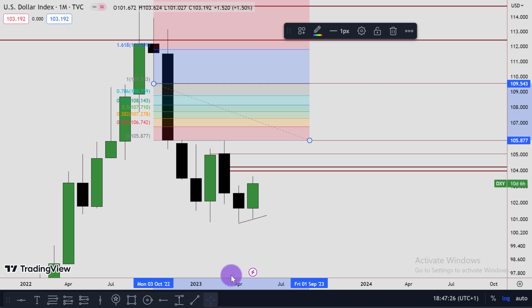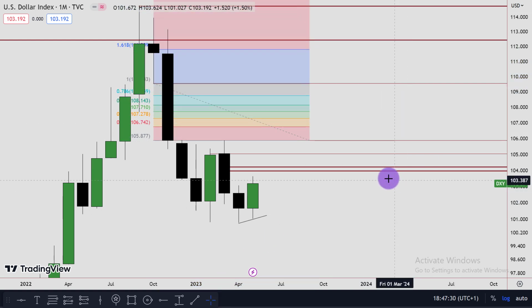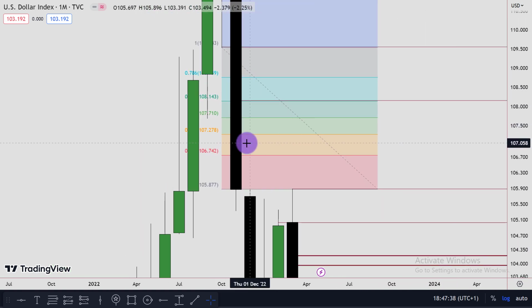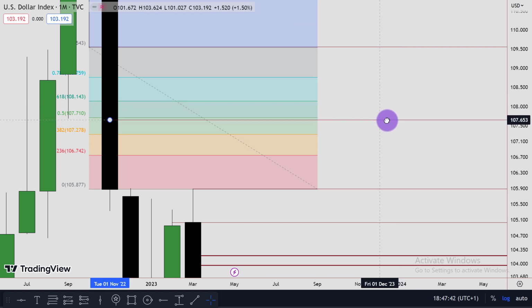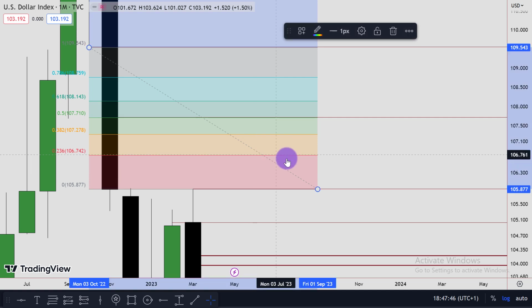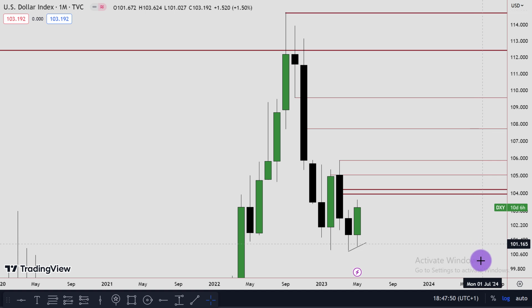As the dollar starts to go up, that's where I'll be paying attention to. That's where my attention is going to focus. Okay, so you can see that's 50% of that fib level. Where it's 50% is right here. Okay, that's 50% of that fair value gap. So these are my levels on the monthly time frame.